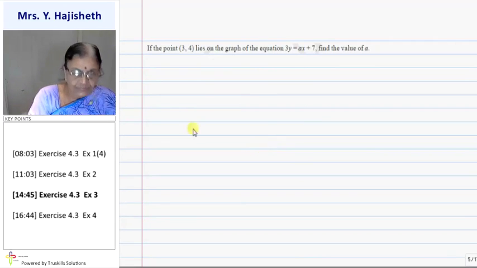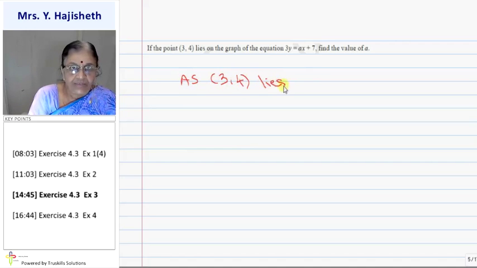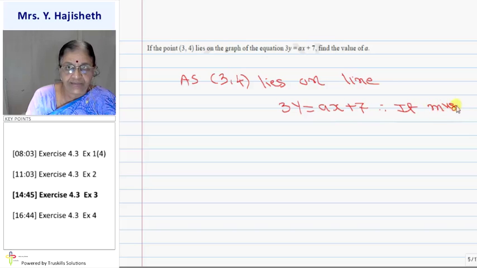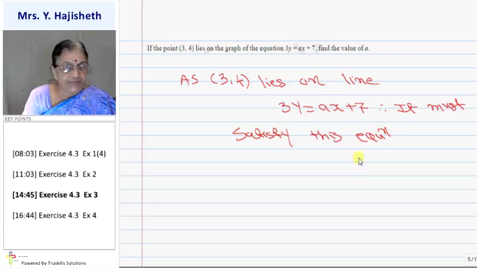Now see, in order to find out values of a, as (3, 4) lies on line 3y is ax plus 7, therefore it must satisfy this equation. Okay, this point must satisfy this equation.